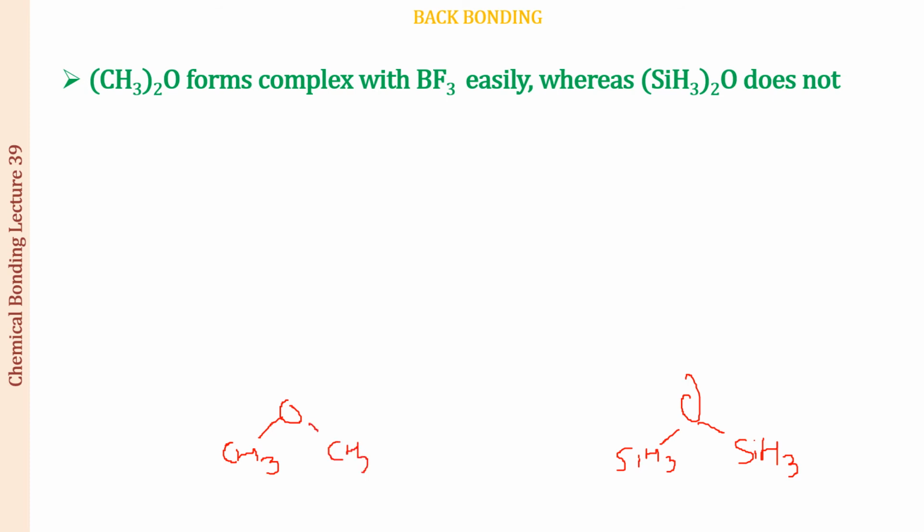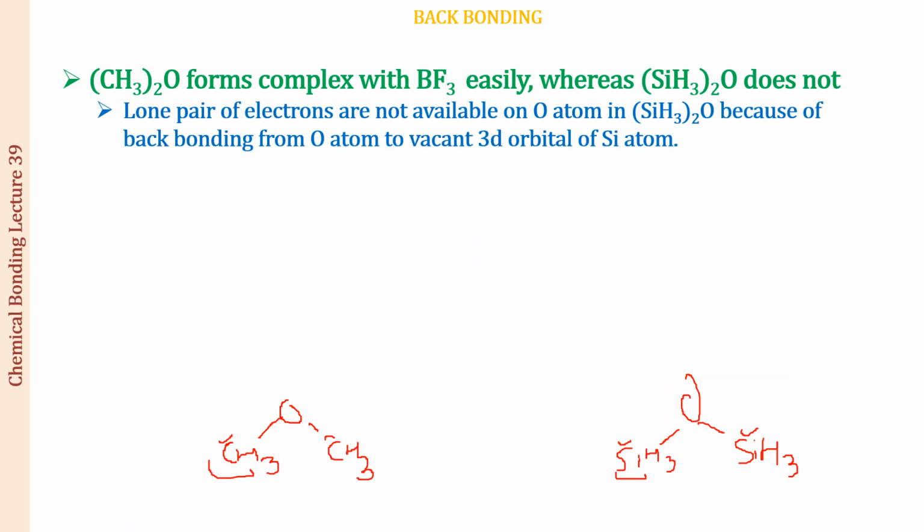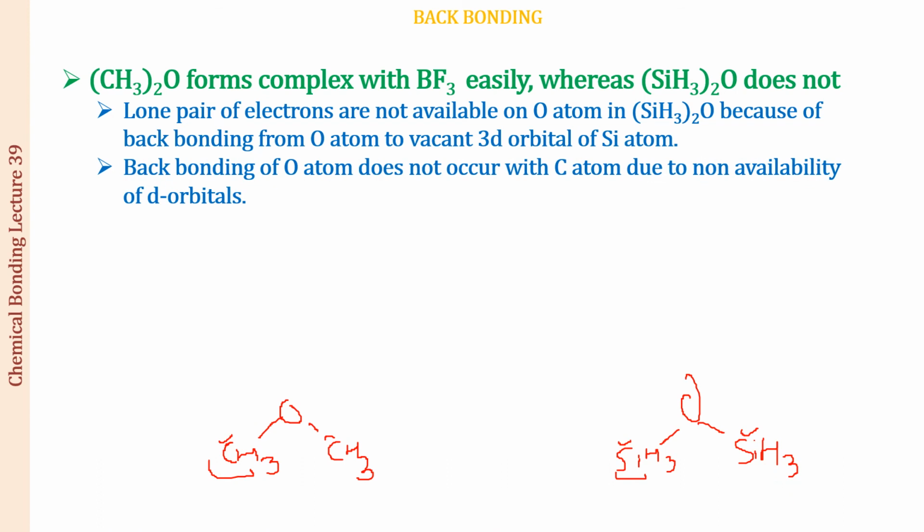So oxygen is common to both of them, and here we have a second period element, here we have a third period element. Both are forming 4 bonds. After that, silicon will be having vacant d orbitals, carbon will not be having vacant d orbitals, right? So in dimethyl ether, there is going to be no back bonding occurring, whereas in (SiH3)2O, disilyl ether, there will be back bonding.